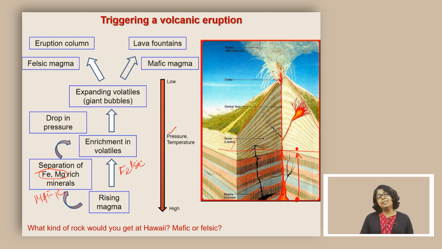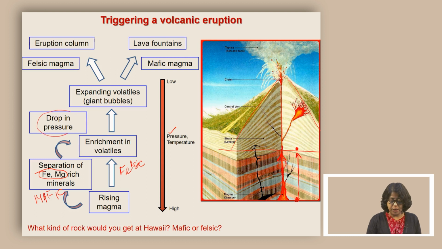We are not adding extra water or any other volatiles; it is simply because you are trying to conserve the proportion. Once certain material is removed, the relative proportion of the volatile increases. And this increased relative proportion of the volatile further helps the magma to become less viscous, so it can move.